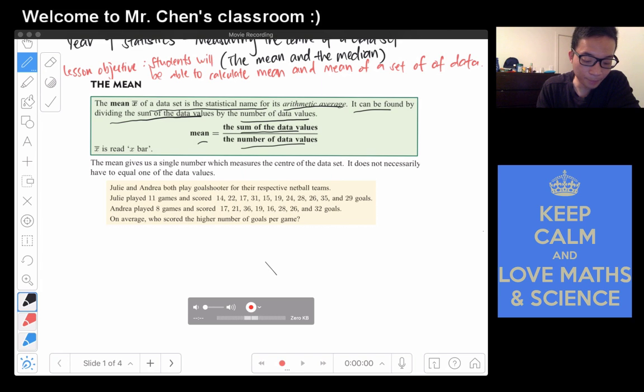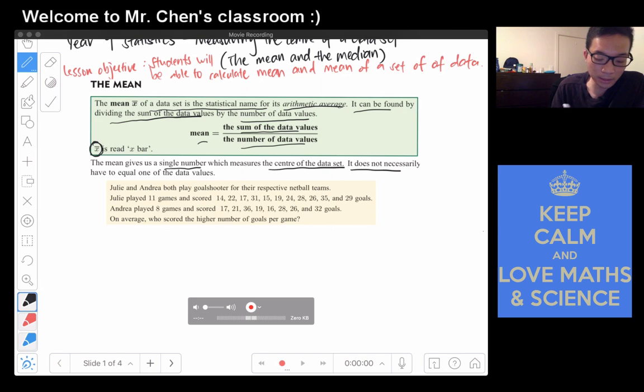From here, you will see this symbol quite a lot. You can read that as X bar. X bar is pretty much just the mean, one way to write it easily. The mean gives us a single number which measures the center of the dataset.